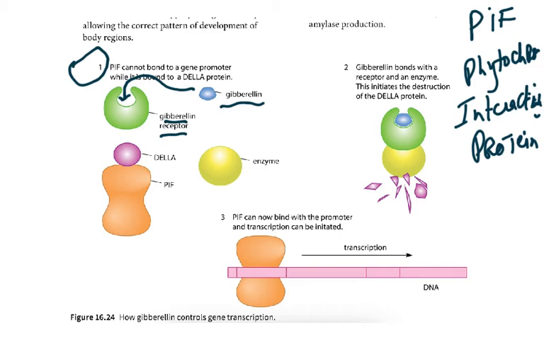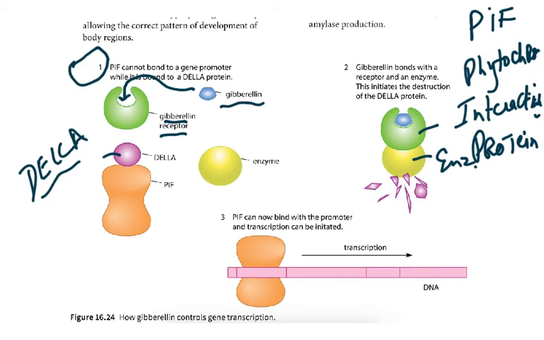Now the gibberellin bonds with its receptor, which is the green one, and an enzyme. Yellow is the enzyme. Now this results in the destruction of this protein which is called DELLA protein. Looks like Della is a girl.